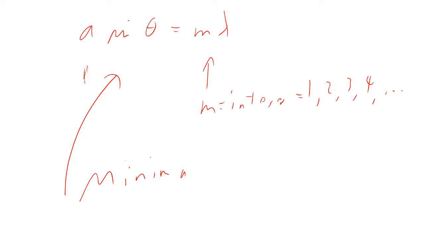Okay, so this is our introduction to diffraction. So now what we need to do is figure out a way of applying this. So that's going to be our next step.